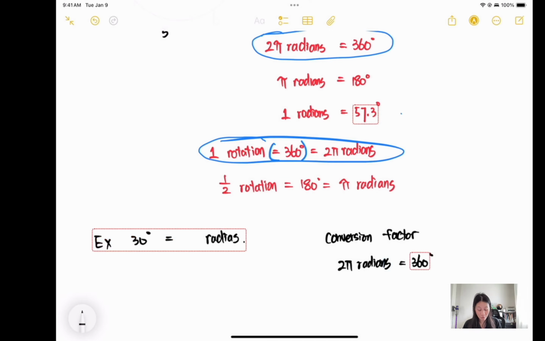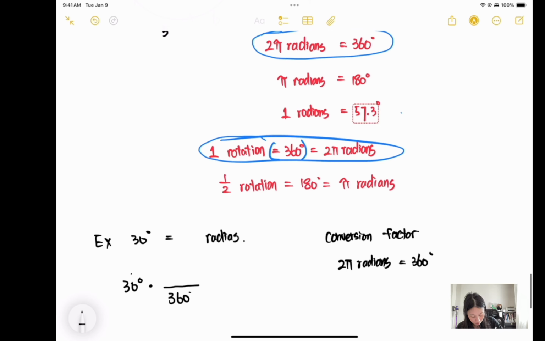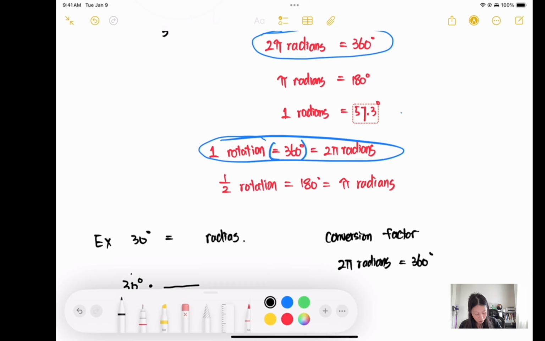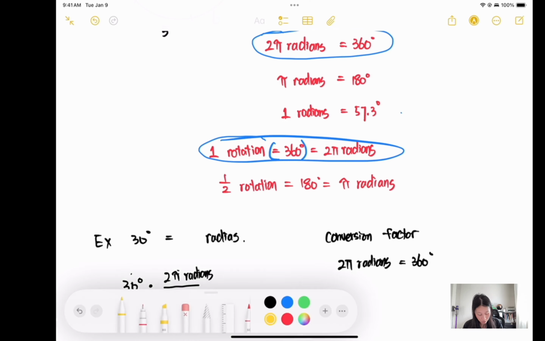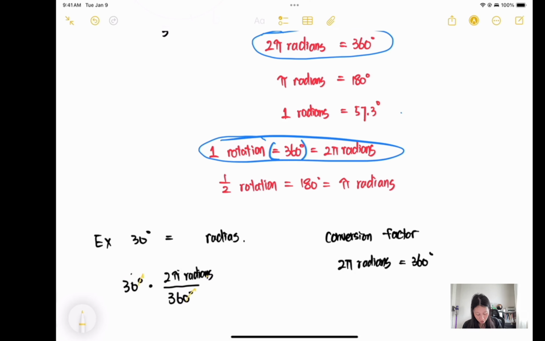So if I want to get rid of the degrees, in our conversion factor I want to write the degrees in the denominator. So I have 360 degrees, and on the top will be the 2 pi radians. Remember, radians is the unit. Degrees and degrees cancel, right? 13 and 360, the common factor is 13, so I can divide it.